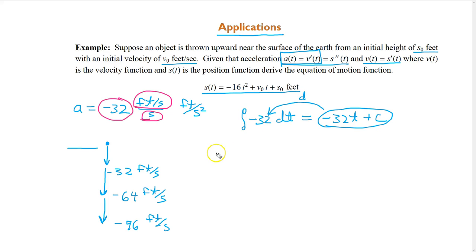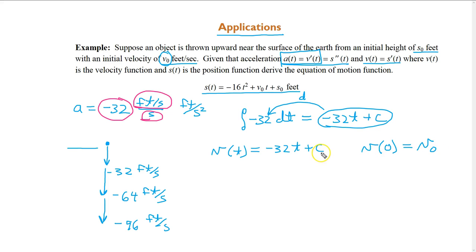So from this, we have that our velocity is negative 32t plus some constant. Now we need to figure out what that constant is. We are told that the initial velocity is v0 feet per second. So at time 0, our velocity is v0.